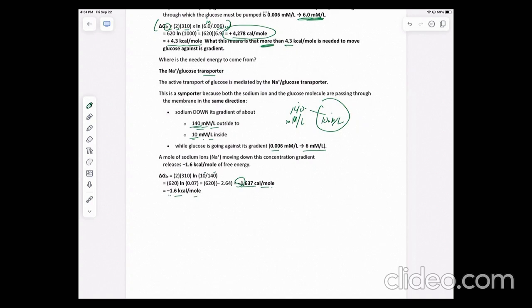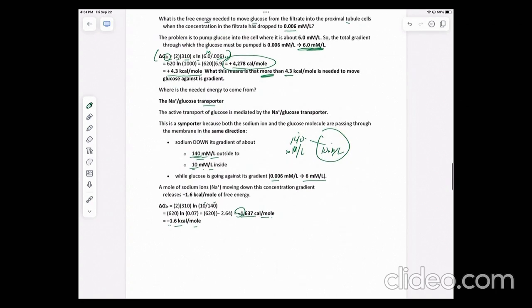So there's some energy, but there's also a problem. How much energy do I need to move that glucose from the filtrate into the cell? Well, I need to be north of 4278, or 4.3 if I'm rounding. Well, this is only giving me 1.6 kilocalories per mole. So that's not enough energy to do the job.